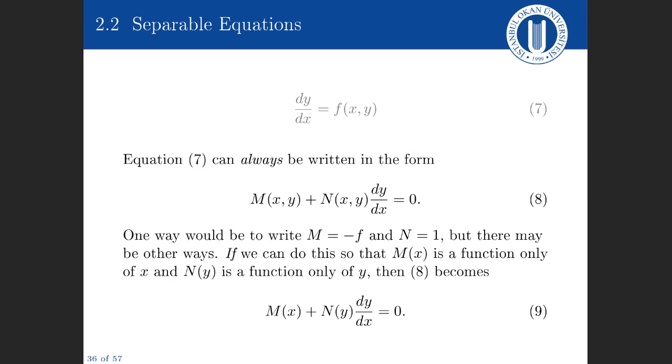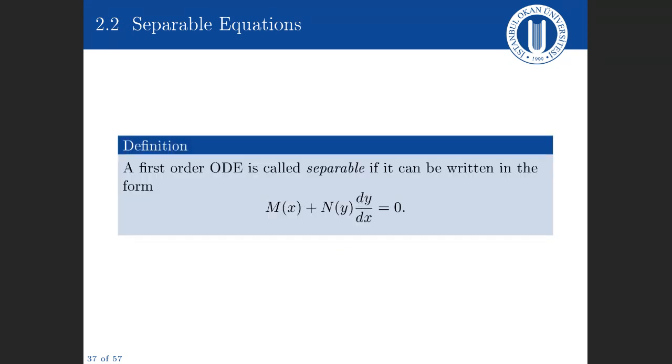Sometimes it's possible to do this in such a way that m is a function only of x and n is a function only of y. If we can rearrange our equation so that it looks like m of x plus n of y, dy dx is equal to 0, then the equation is called a separable differential equation.